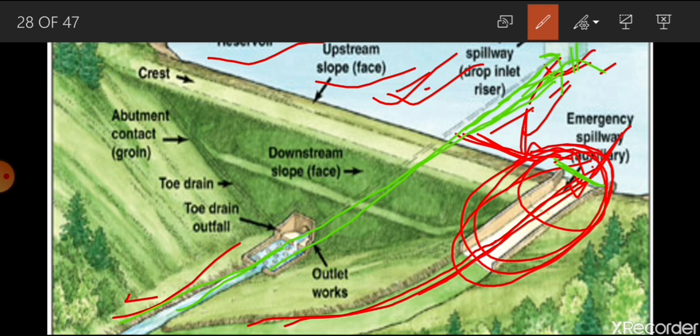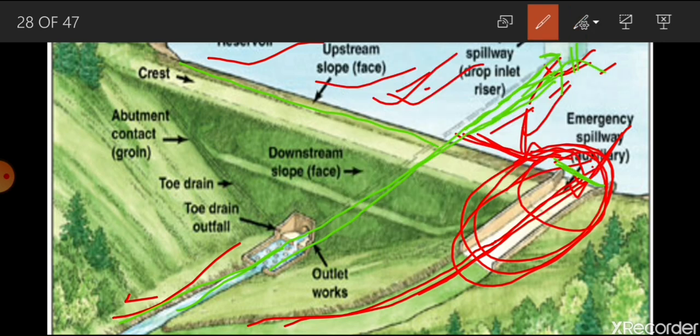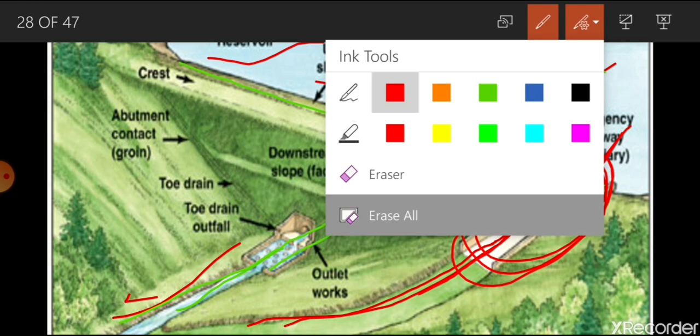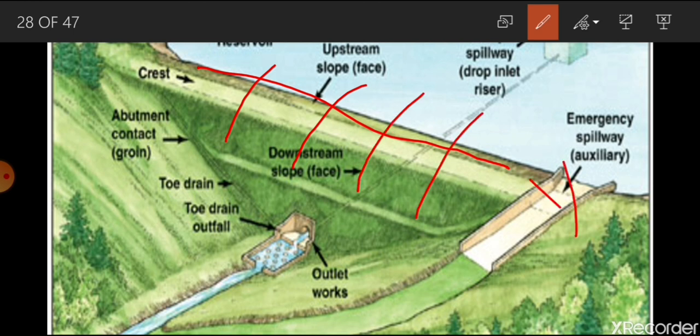Now you may see this. This is the crest, or you can say the top face of the upstream. Now if water flows over this overflow without using this structure, what will happen?